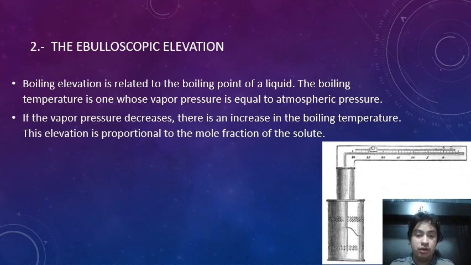The boiling constant, the name is Ke, is characteristic of each solvent. It does not depend on the nature of the solute. An example: the boiling constant of water is valued at 0.52 degrees centigrade per mole per kg.